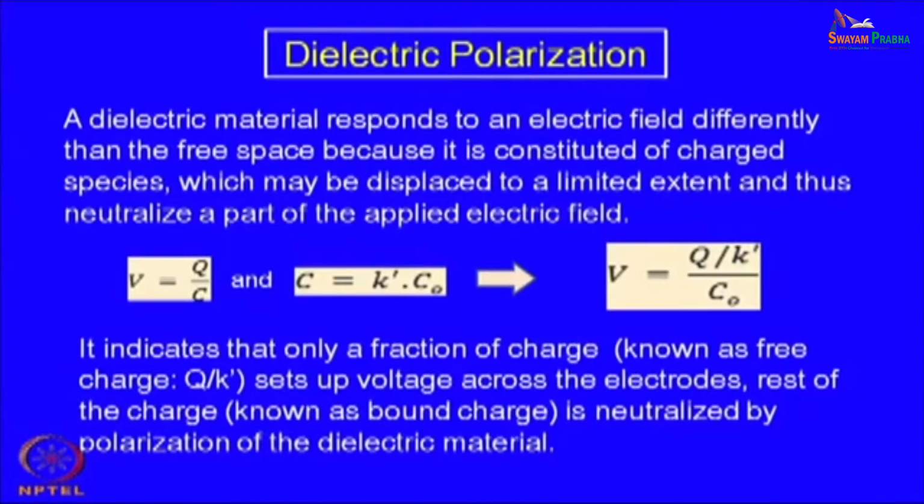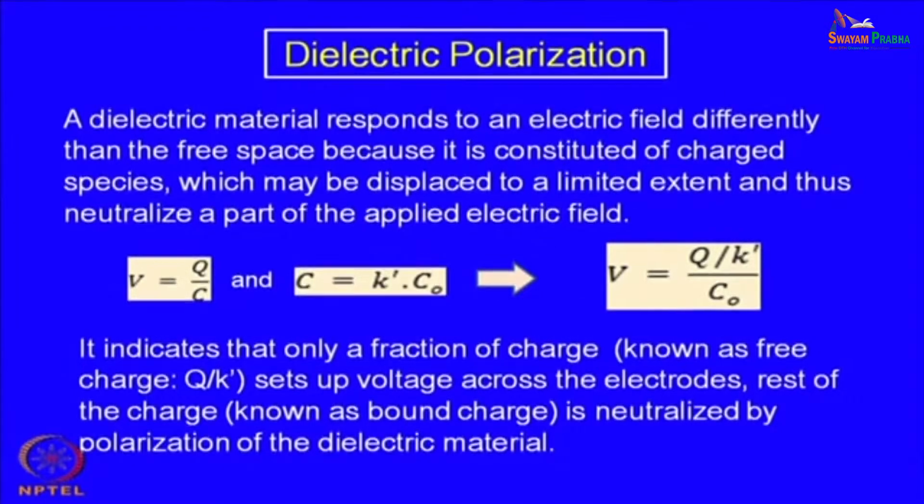So, once again we have more or less the same equations written slightly differently. Starting with V equal to Q by C and C equal to K prime C 0, where C 0 is the capacitance of a vacuum of a particular geometric configuration.